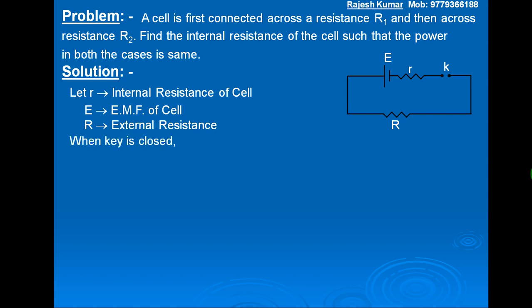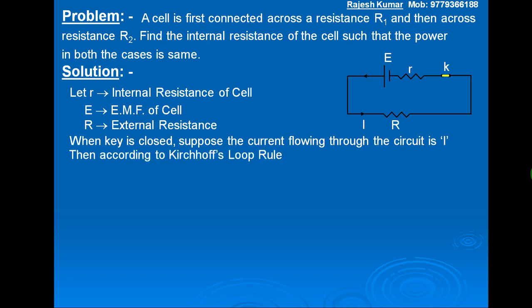When key K is closed, suppose the current flowing through the circuit is I. Then according to Kirchhoff's loop rule, I times R plus I times r is equal to E, the EMF of the cell applied in the loop.